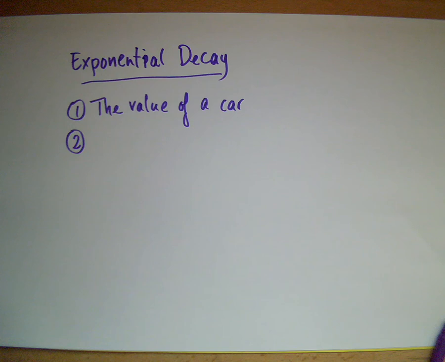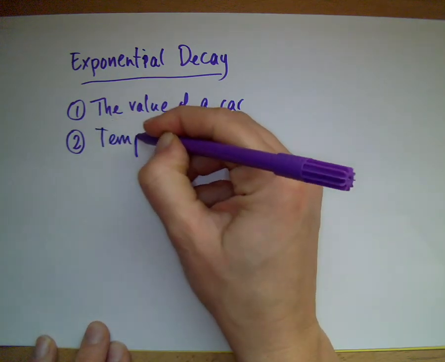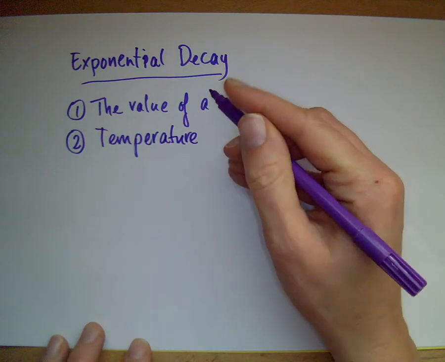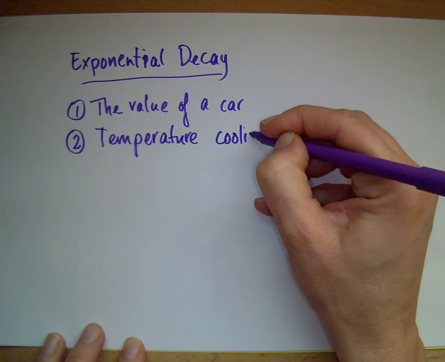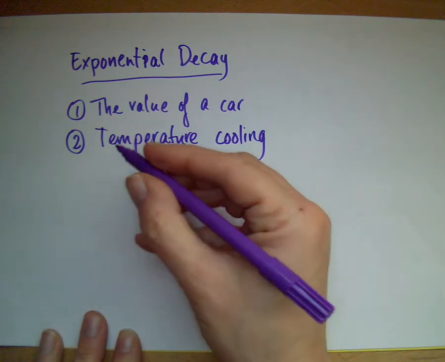The value of a car. Also, temperature cooling. Temperature cools at a certain rate. Apparently, it's an exponential decay. Radioactive decay as well.